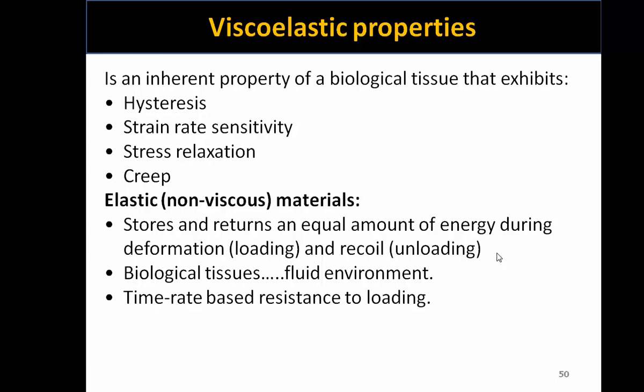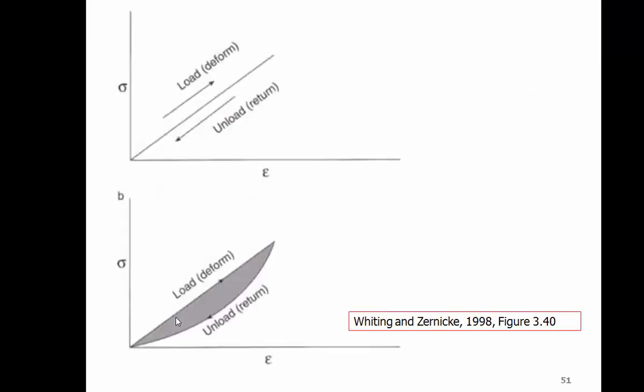When we talk about viscoelasticity, we're combining elastic properties and the viscous nature of that fluid-based tissue. As a result, the response to loading of biological tissues is time rate based. Depending upon the rate at which we apply loading to tissues, whether it's stretching, compression, bending, or twisting, the response will be dependent upon the rate of that loading.